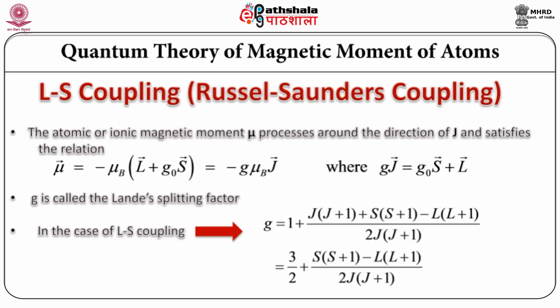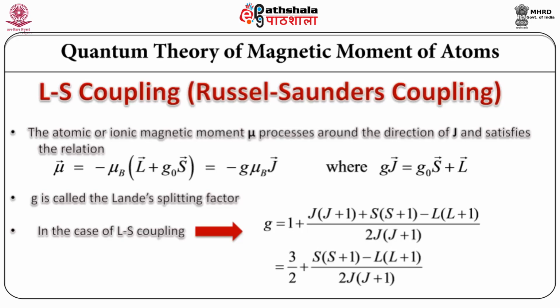The orbital quantum numbers of individual electrons are added vectorially to get the net orbital angular momentum. Also, the spin quantum numbers of individual electrons are added vectorially to get the net spin angular momentum. H cross capital S is equal to h cross times the summation over all the small s, where again i is the sum over all the electrons.